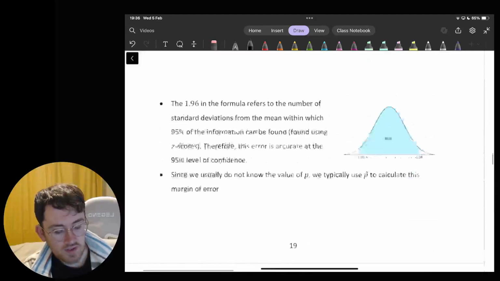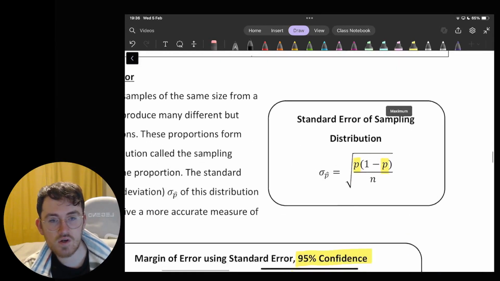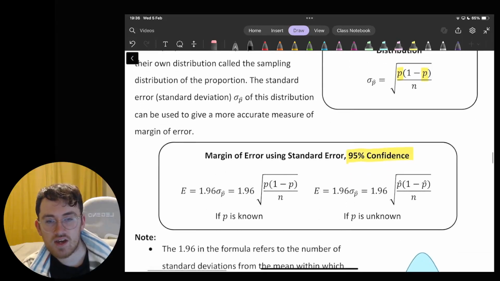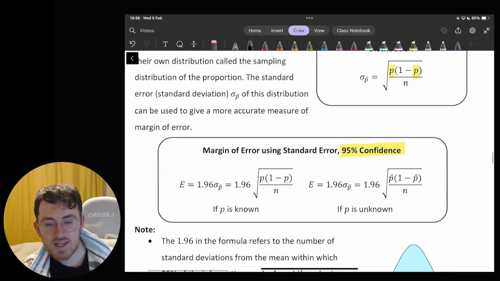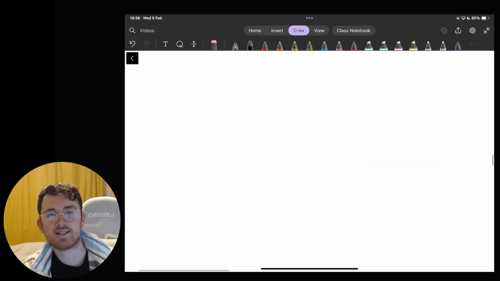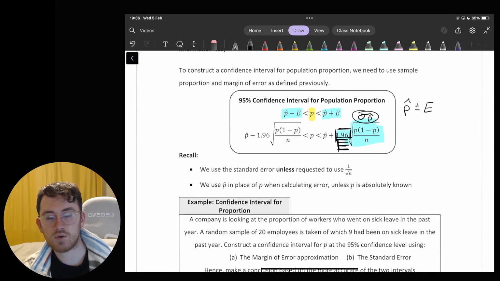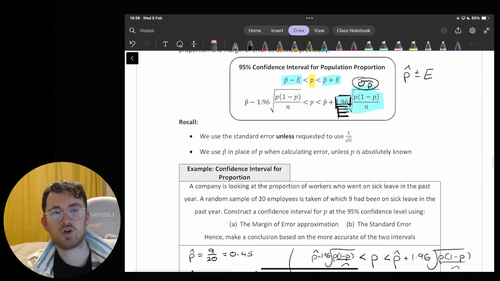Knowing that in the log tables the standard error is given as so, however the margin of error, the 1.96 times that, is not given, so you need to remember to include the 1.96 within that. And beyond that, just a little level of understanding on what population proportion means and what it represents here.